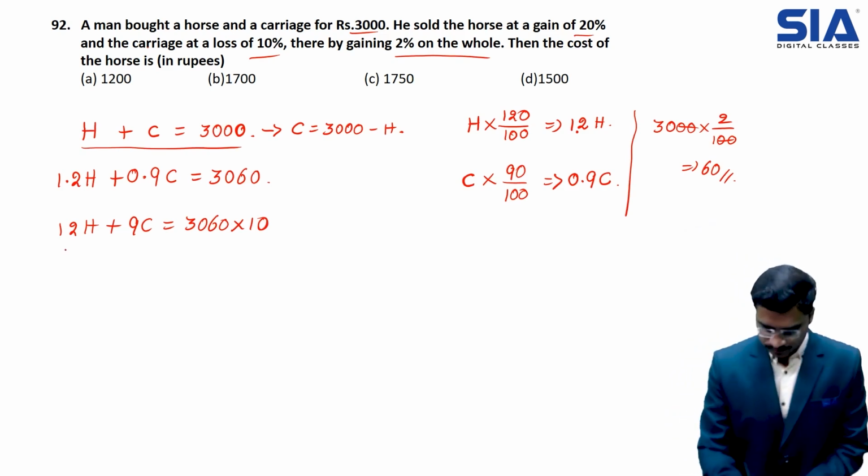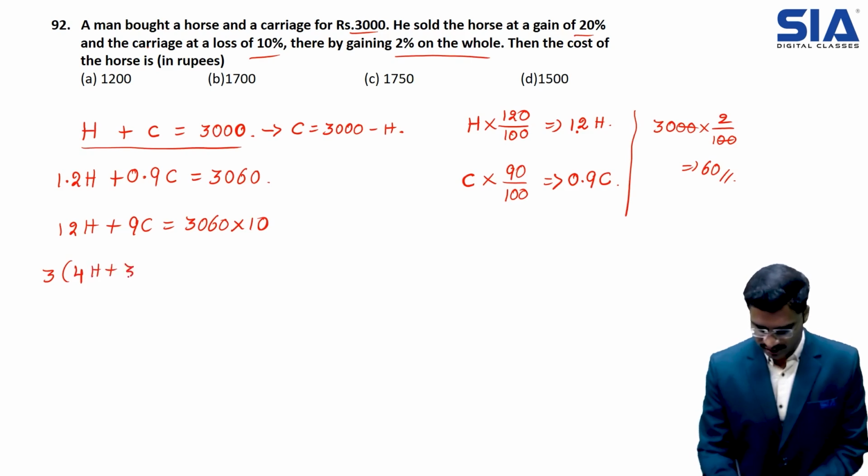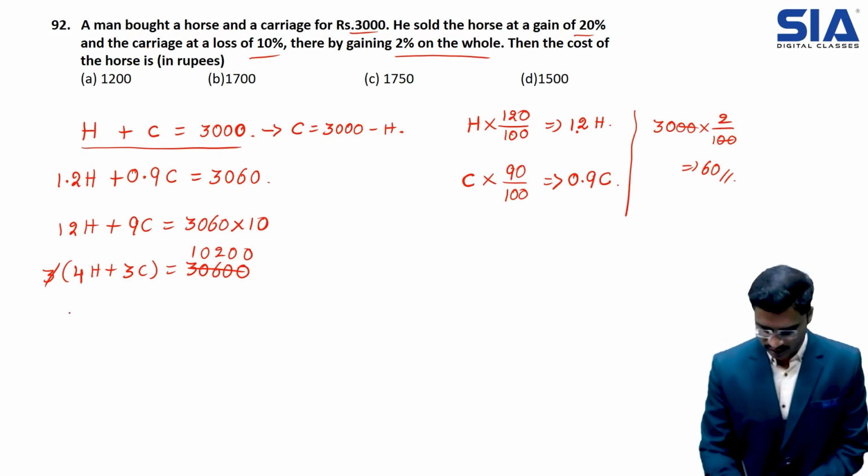So let us see. I can take 3 as common. 3 4s are 12, 4H plus 3 3s are 9, 3C is equal to 30600. Then 3 1s are 3, 3 2s are 6, 10,200.